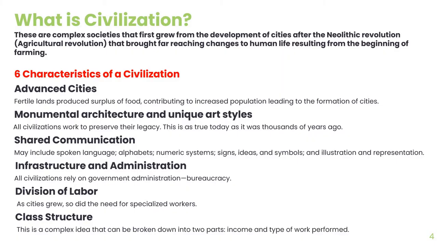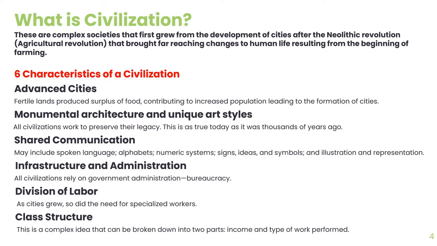Okay. Now, what is civilization? As you can see here, the meaning, it's a complex society that first grew from the development of cities after the Neolithic Revolution. The term Neolithic is similar to the agricultural revolution that brought far-reaching changes to human life resulting from the beginning of farming.